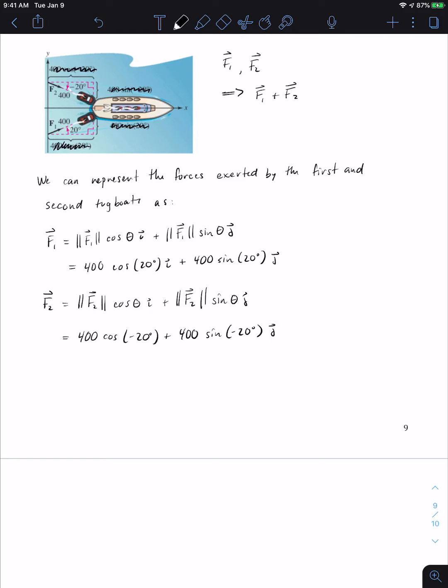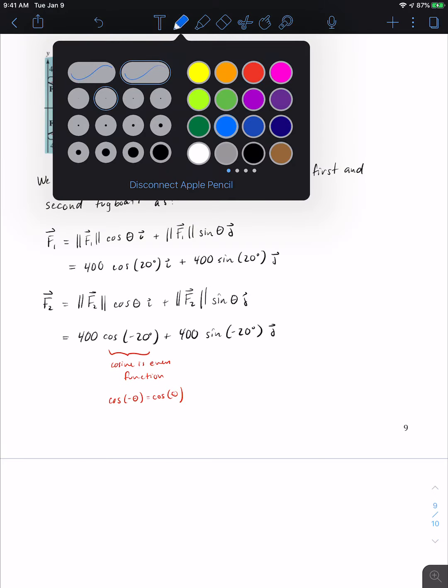Okay, and we can simplify this second force a little further by remembering some properties about sine and cosine. Cosine is an even function. What does that mean? Because it's even, cosine of negative theta is equal to cosine of theta. And sine is an odd function.